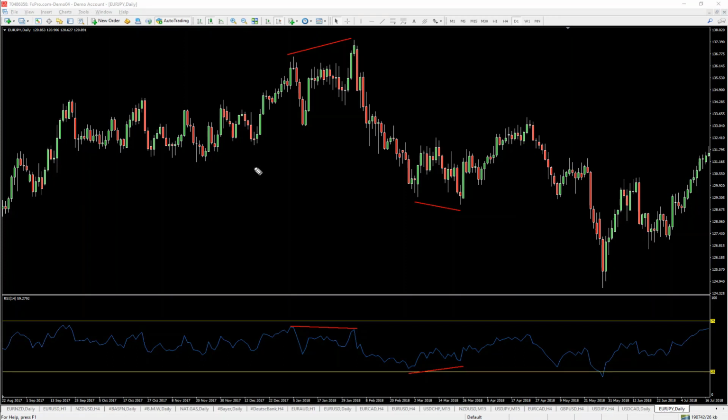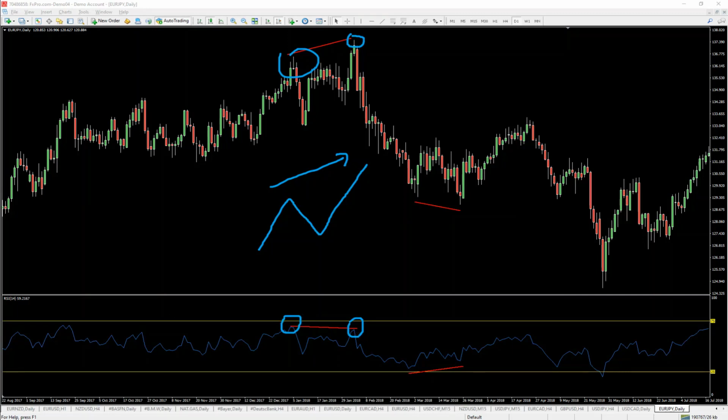So what is divergence basically, guys? Divergence is the moment and the place when indicator and price action are showing you opposite measurements. On price, in this case, we can see price is creating higher highs.